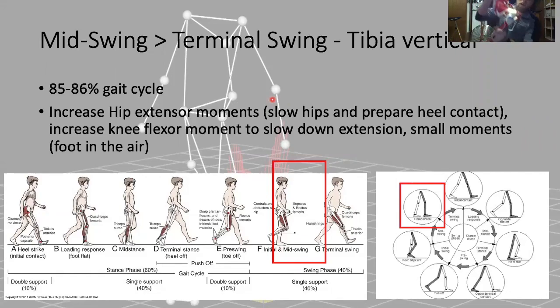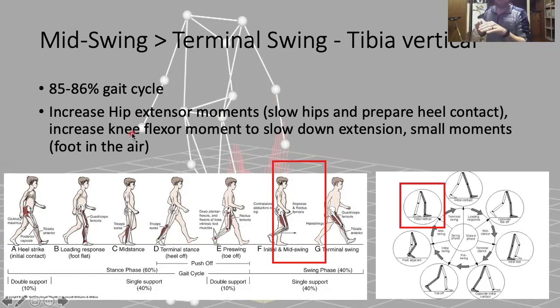So if my leg is swinging forward, how can I control that? Hip extension, the opposite torque. What's going to slow it down, right? So if my leg is swinging forward, I want to slow that down and get some hip extension. Knee flexor, same thing.